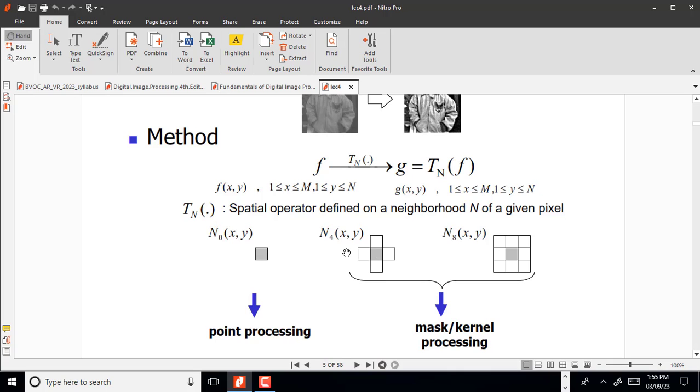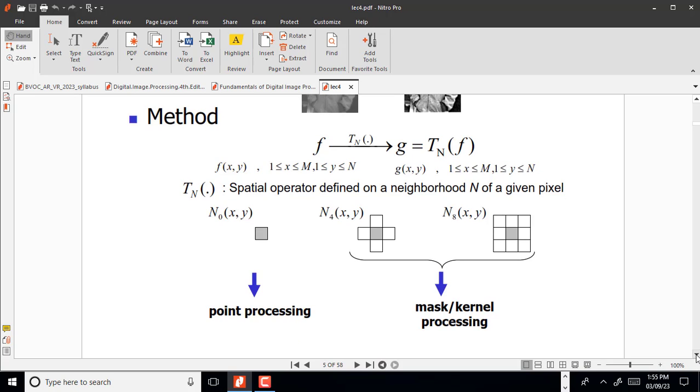For example, the middle pixel is the point, and its surrounding neighbors are the N4 neighbors, up and down and left and right, N4 of x comma y, or the N8 surrounding pixels of the center pixel. These neighboring pixels are used in mask or kernel processing.